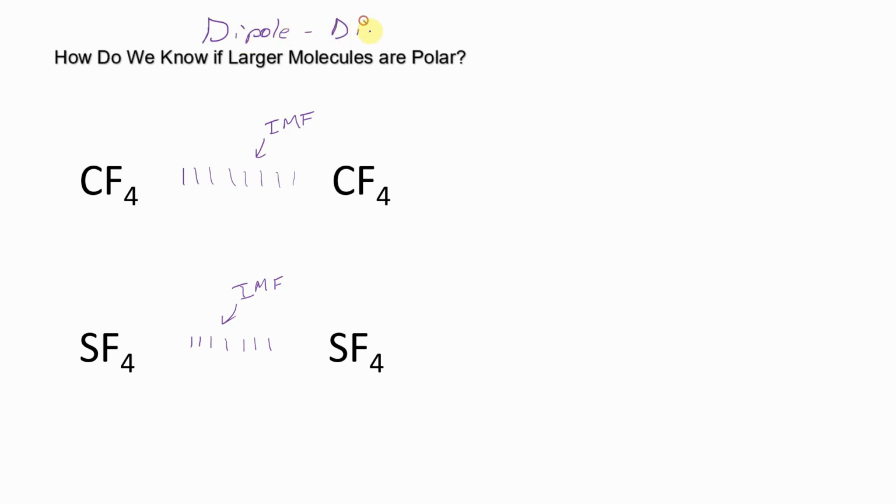And the answer is, for SF4, yes, it will be a dipole-dipole interaction. But CF4, no. It turns out it will be a London dispersion force interaction. Why is it that CF4 can't interact with another molecule like it using dipole-dipole interactions? Well, the reason is obviously because it's a nonpolar molecule. It can't do dipole-dipole interactions, whereas this one is a polar molecule.